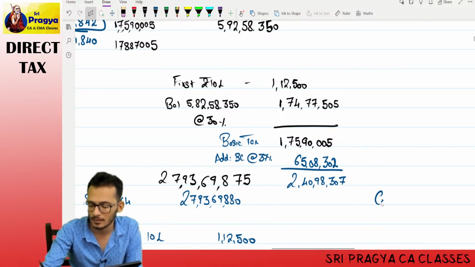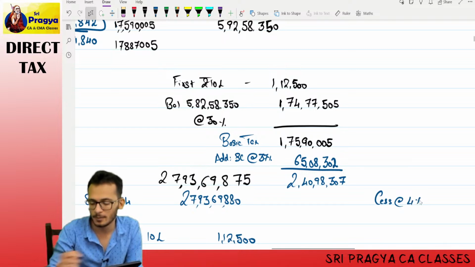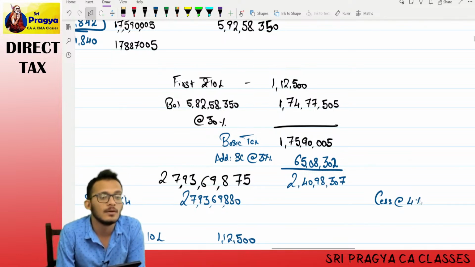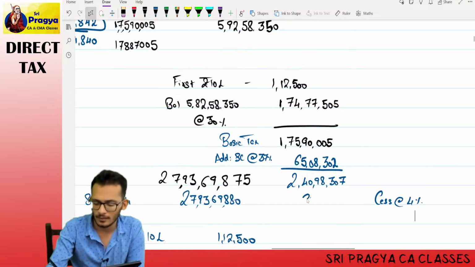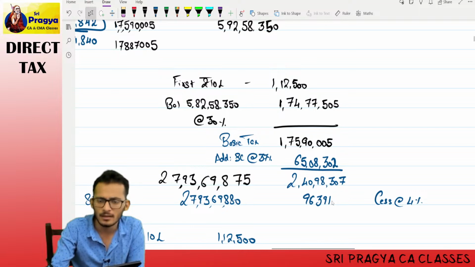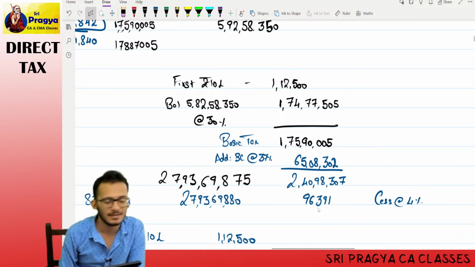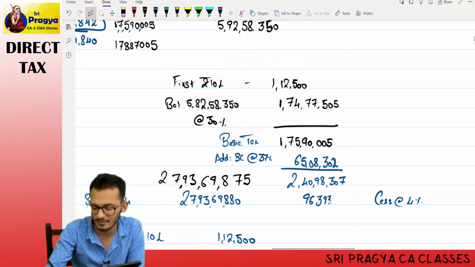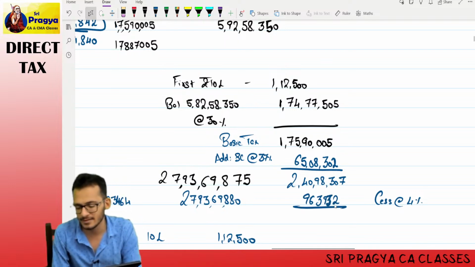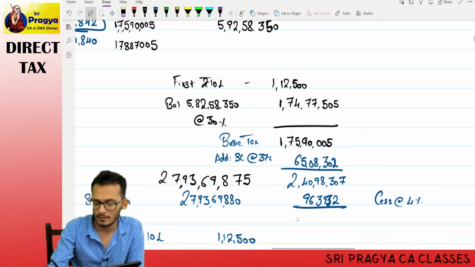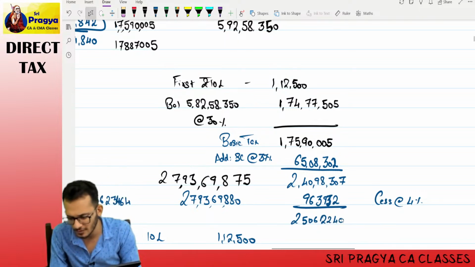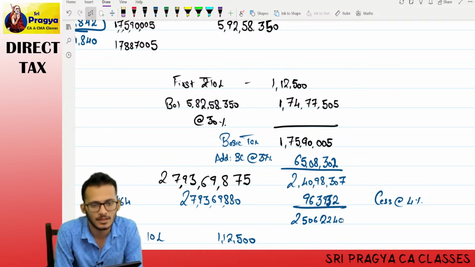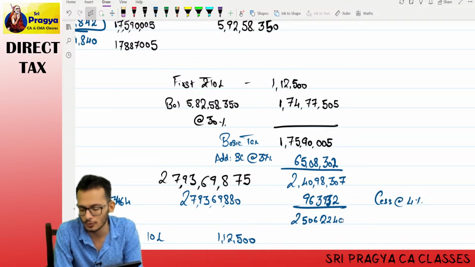Add cess at 4%. 4% of 2,40,98,307 is 9,63,932. The total comes to 2,50,62,240 after rounding off.